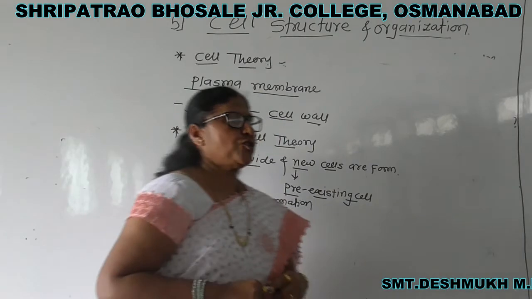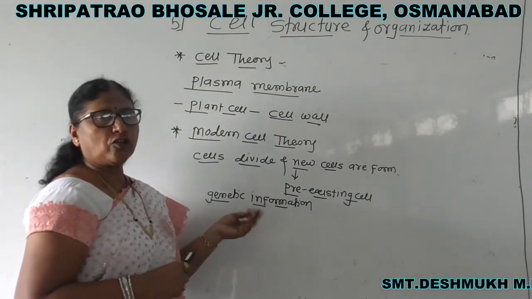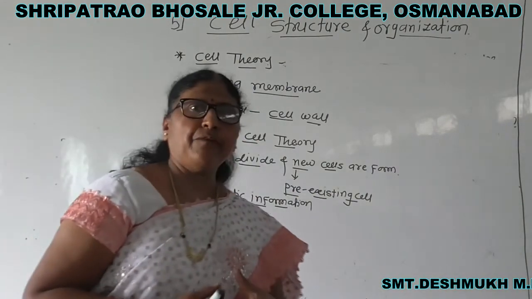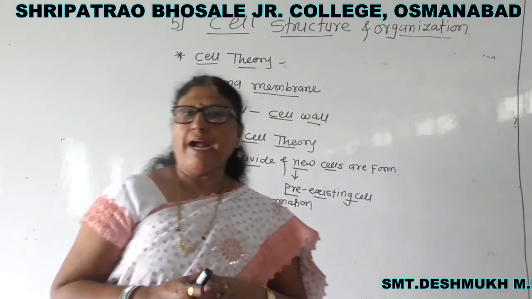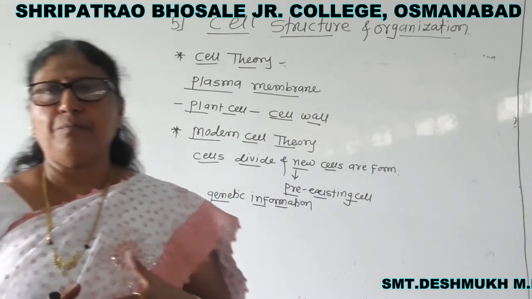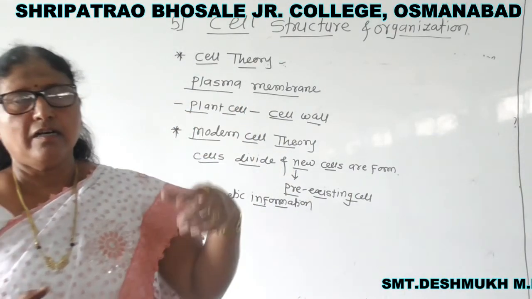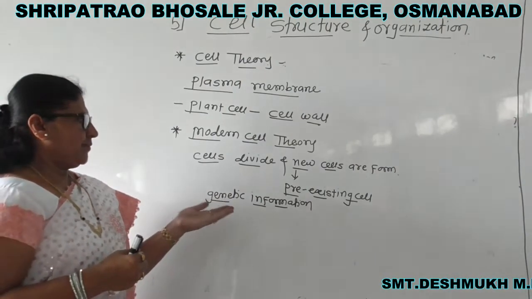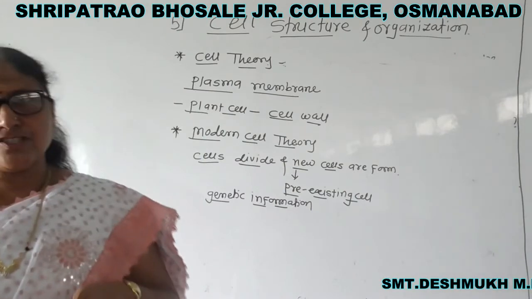In this stage, the chromosomes divide, splitting up, and half the number of chromosomes are attracted towards the opposite poles.